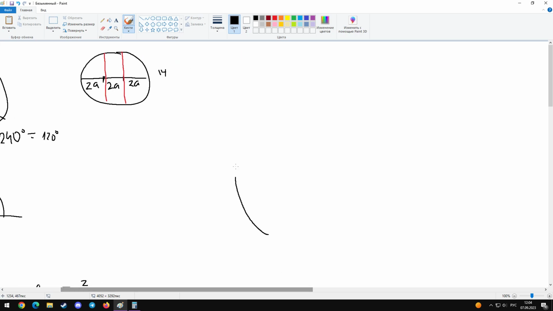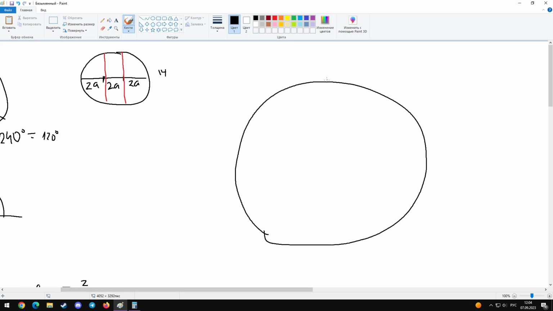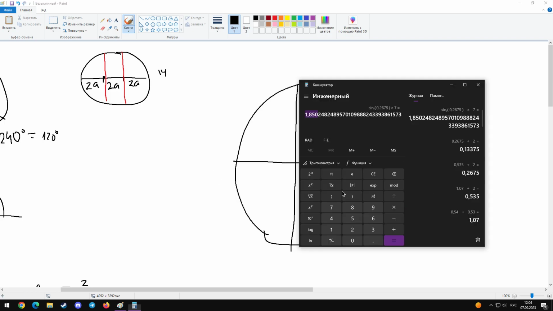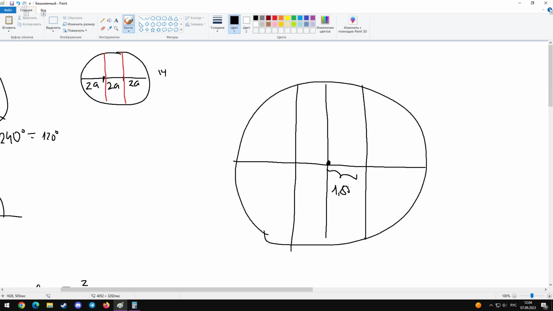So if you have a pizza, you find a center, this length is 1.85 plus minus 0.001. So the length of this central part.